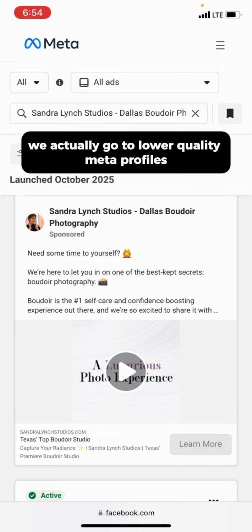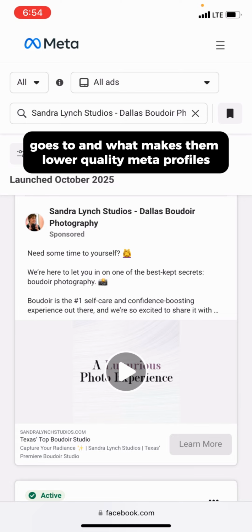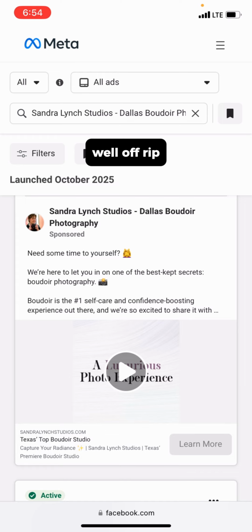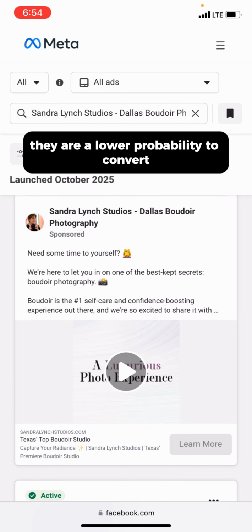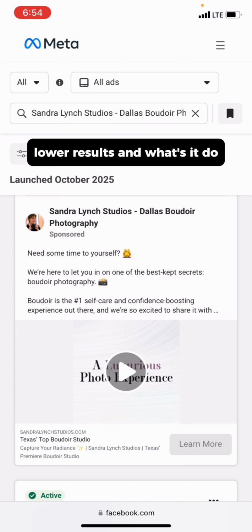We actually go to lower quality Meta profiles for the second tranche, the second group of women our ad goes to. And what makes them lower quality Meta profiles? Well, off rip, they are a lower probability to convert. And guess what? They convert at a lower rate. So for the second tranche, we get same ad spend, lower results. And what does it do?